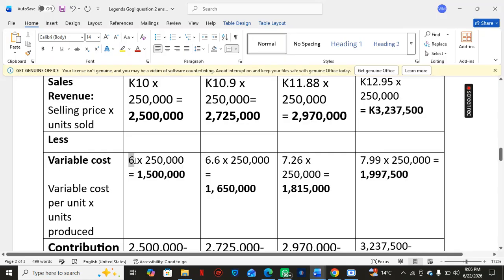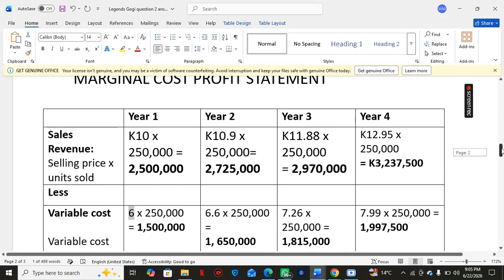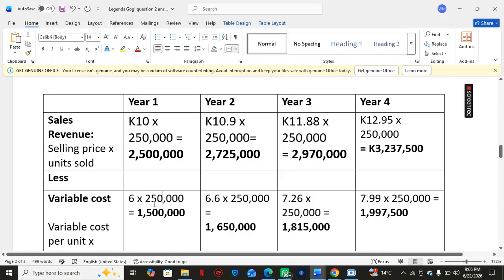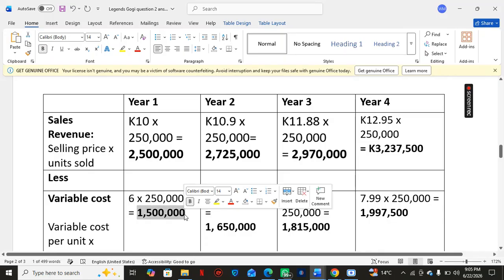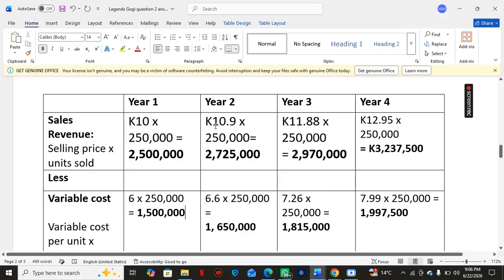Variable cost in year one is 6 kwacha multiplied by 250,000 units, 1,500,000. Year two, variable cost is 6.6 multiplied by 250,000, 1,650,000.